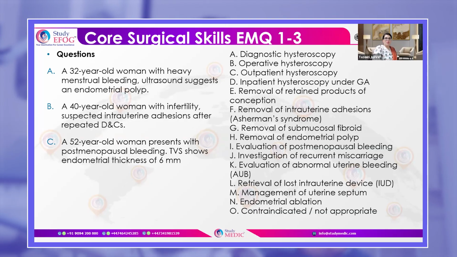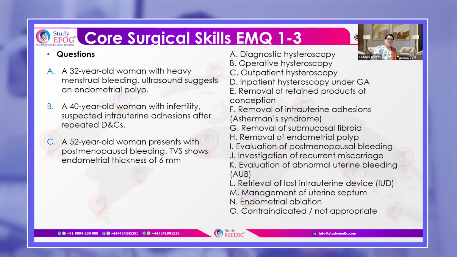So what can be the options among all these options which we have to opt if we want to diagnose or if we want to treat that? The second question says that a 40-year-old woman with subfertility, suspected intrauterine adhesions after repeated dilatation and curettage. So what can be the suitable option in that scenario?